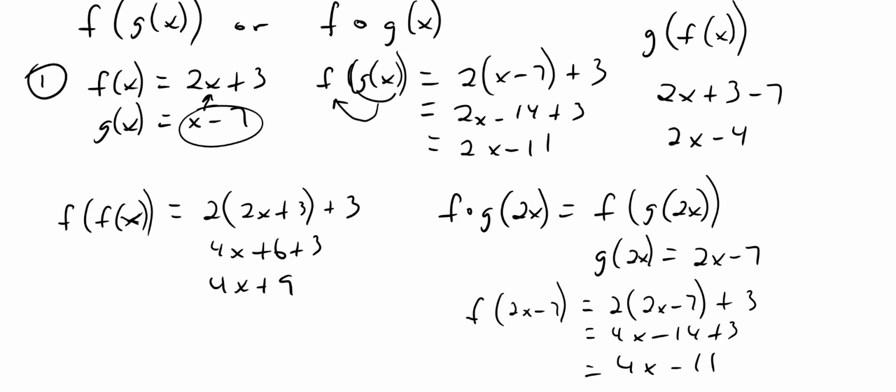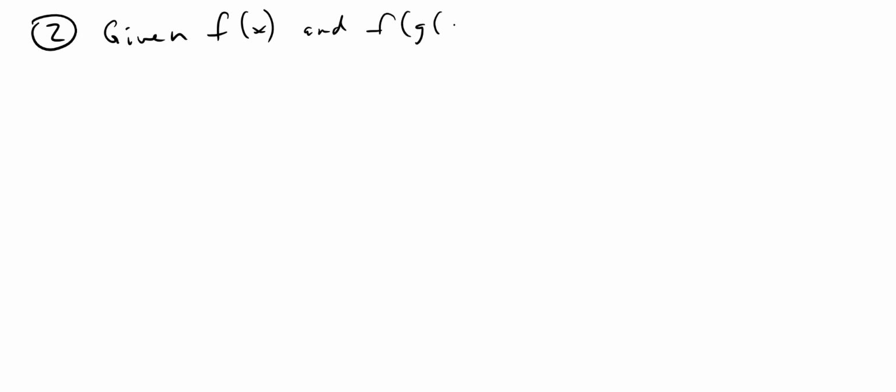Okay, so let's go on to the next type of problem. So this is problem number 2. Now what's going to happen is you're going to be given f of x and f of g of x.